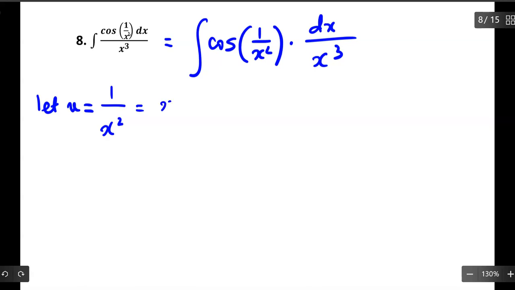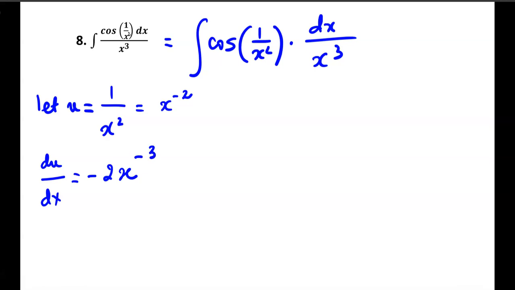That means x to the negative 2. Then du over dx is equal to negative 2 times x to the power of negative 3. So it has to be x squared in order for us to integrate. It's just a typo right here. If you can correct that for me, 1 over x squared.